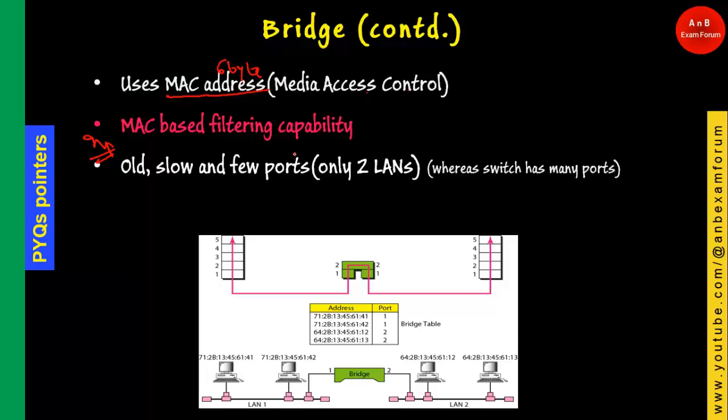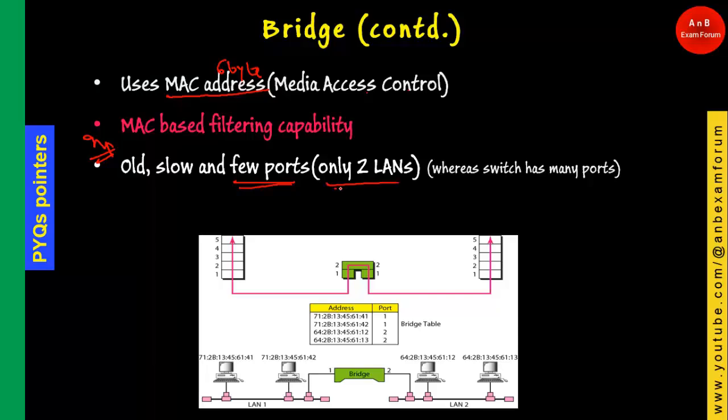The next that we are going to see is the switch. Bridge and switch serve commonly the same purpose, but the contrasting difference is that a bridge has few ports. Few ports means it can connect only 2, max 4 LANs in one go.